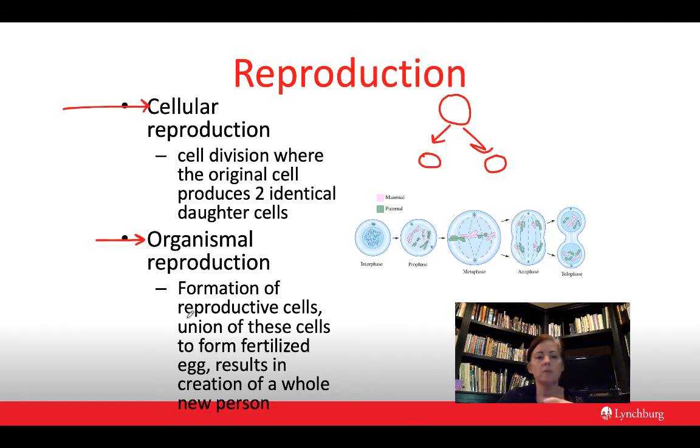And so what happens here is we are able to form reproductive cells that are going to form a union and result in the reproduction of that person. So the union of those cells is going to ultimately form a whole new individual.